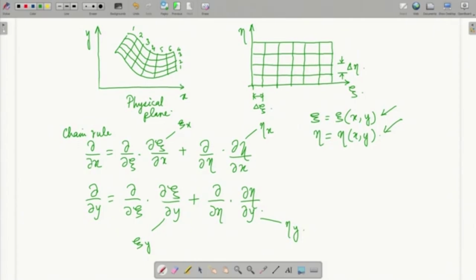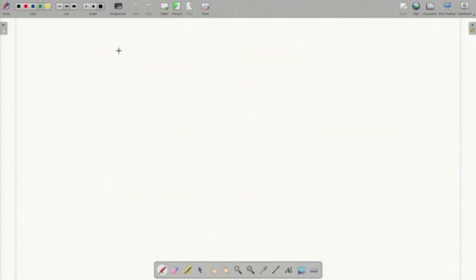Once we have that, let us try applying it to a simple partial differential equation, say the continuity equation in 2 dimensions. Also remember that this transformation exercise can be done for 3-dimensional problems also, only thing is it gets more involved.